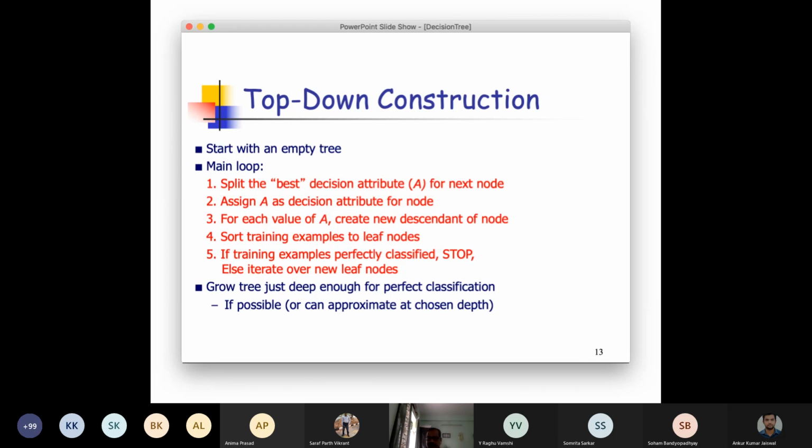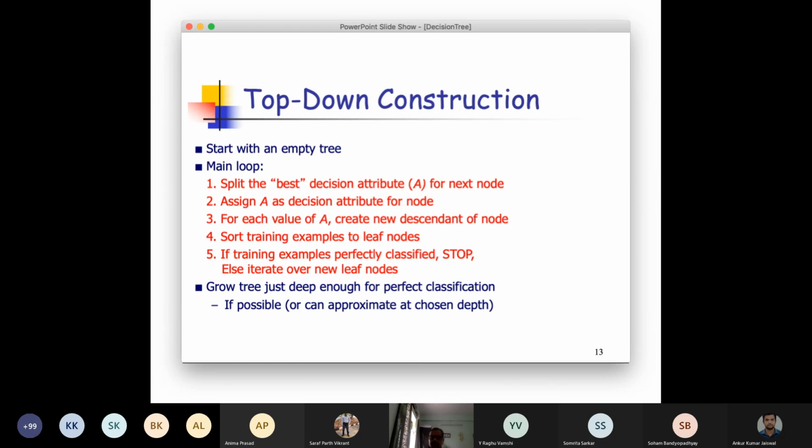Sometimes you also have to allow certain impure nodes, because largely the nodes are uniform. There may be a few exceptional cases, but we can consider them noise. In this way, the noise is handled in a decision tree. There are various mechanisms for that.